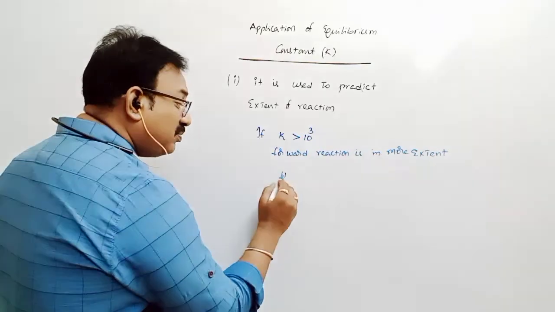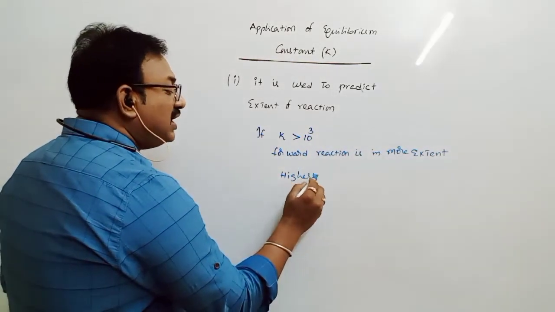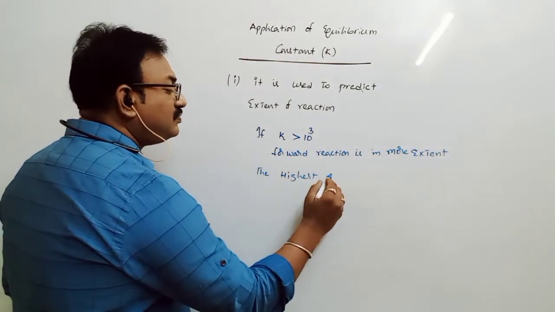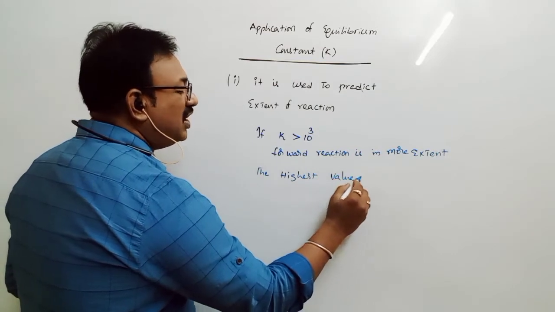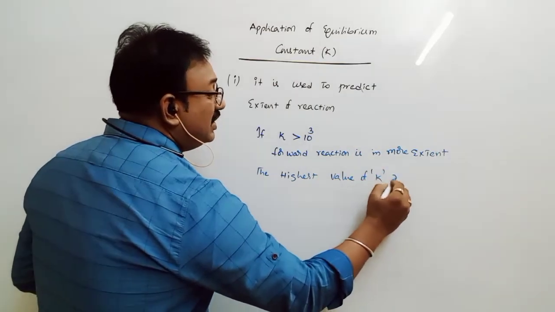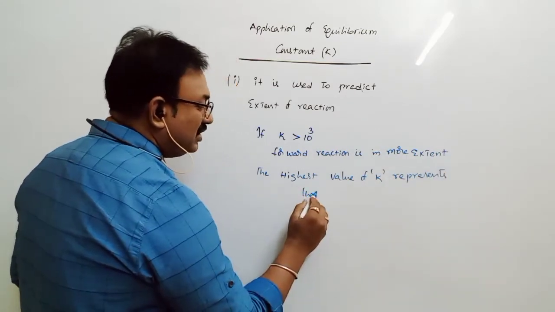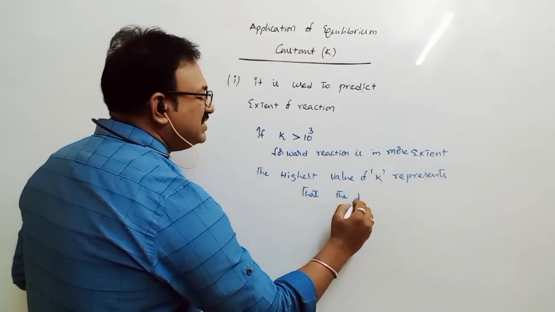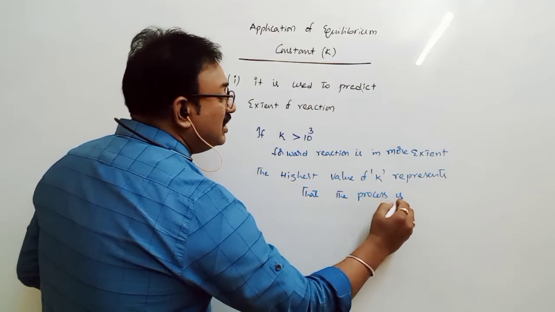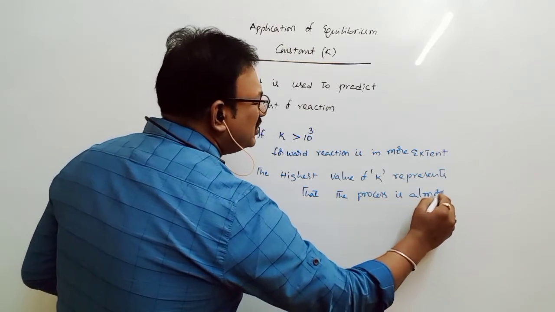So I am writing that point also. The highest value of K represents that the process is almost going to completion.